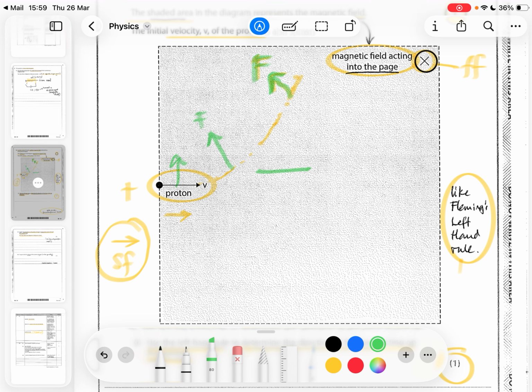So here it will be that way. Here it will be that way. So force is always at right angles to the direction of the charge movement, which is current. And if the magnetic field is strong enough, you can actually get it to go in a full circle. So if it started here, you could get the movement to go like that and back out again. Hope that makes sense.